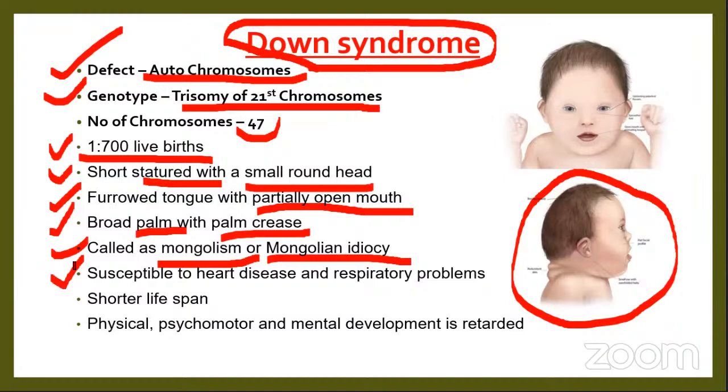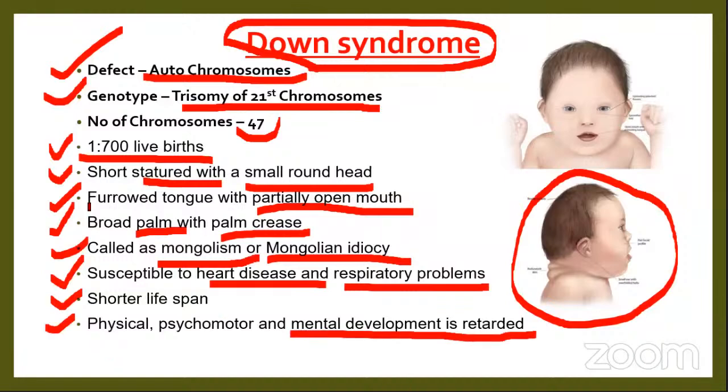And next is susceptibility. They are most susceptible to heart disease. That means they are vulnerable and they may get certain heart diseases and respiratory diseases. They have a relatively shorter lifespan, and their physical, psychomotor, and mental development is almost retarded.